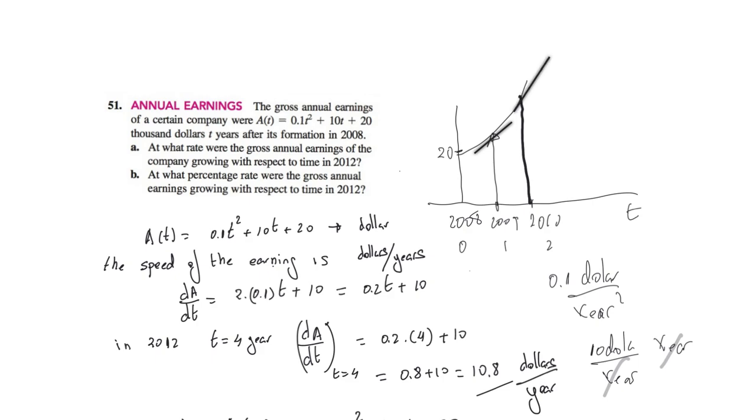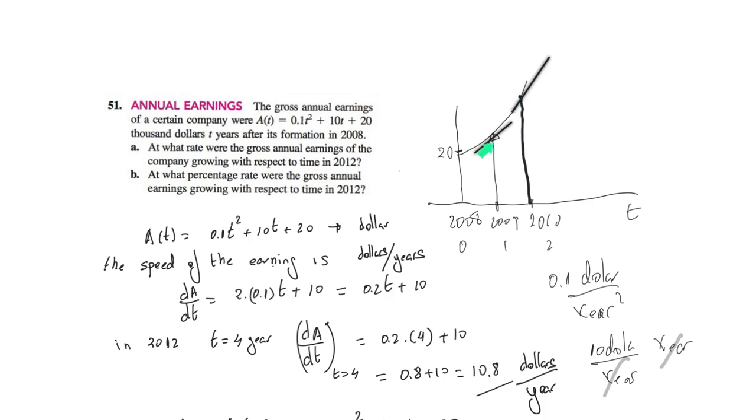So you may start earning $10 per year here, and you may end here in 2010 earning $20 per year. So the question is, how much are you earning here per year, and how much are you earning here per year?